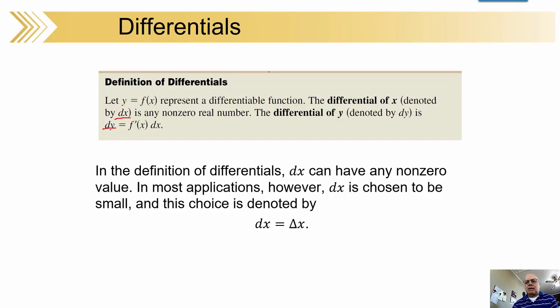And since dy/dx is the same thing as f prime of x, a small bit of algebra, and dy equals the derivative of f times dx. Just multiply both sides by dx as if it were a regular number, which it sort of is.